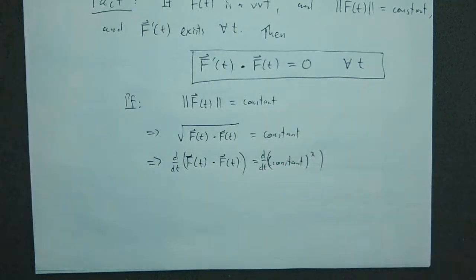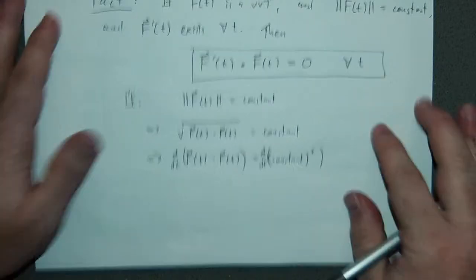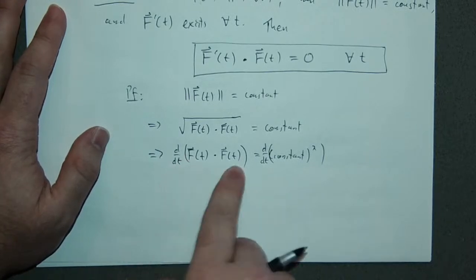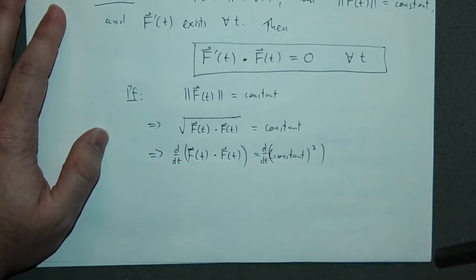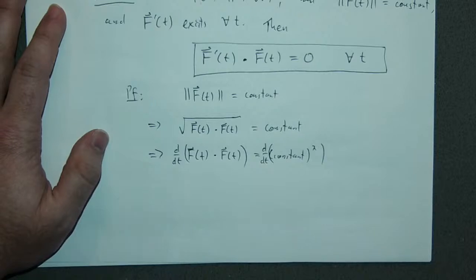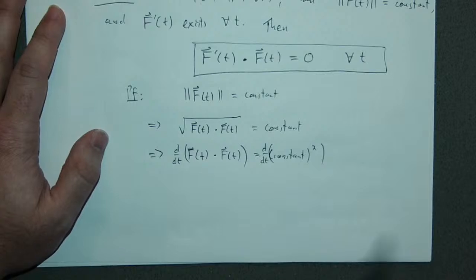This is Calc 1 differentiation, I'm just taking a derivative with respect to a single variable. So d/dt of a dot product of two vector valued functions, how does that work? This is another one of those things that I skipped over because we don't have to do it very often. We just use this fact. There is a product rule where the dot product plays the role of pointwise multiplication.